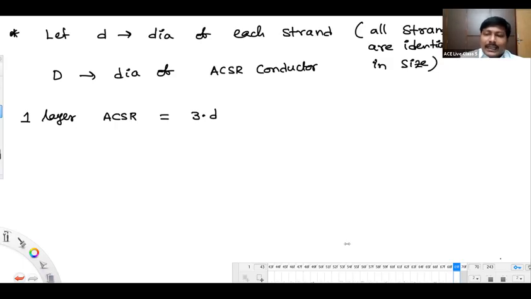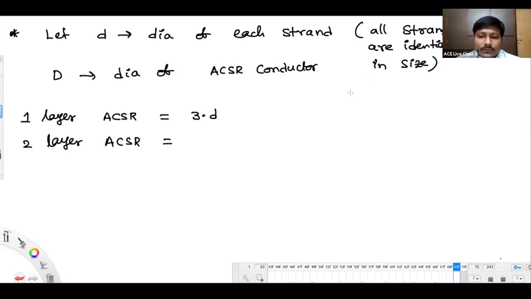Capital D is the diameter of the overall conductor. How much is that in terms of small d? That's the question. For example, if you have 2 layers, what will happen? 2 layer ACSR, how much is the diameter we can expect now? Only the internal strand is made of steel irrespective of the number of layers. Yes, that depends, I will come to your doubt.